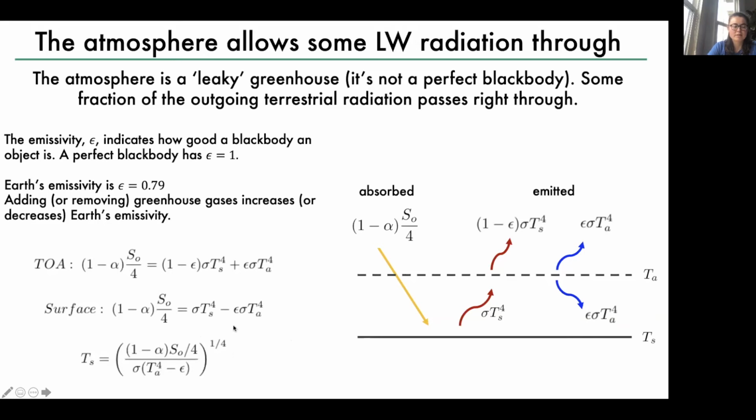And then we take the fourth root of that. The new temperature of the atmosphere, I'll tell you, will equal 242 Kelvin. And if you want to try to solve for this temperature of the surface, you can go ahead and pause the video now and try to do that.